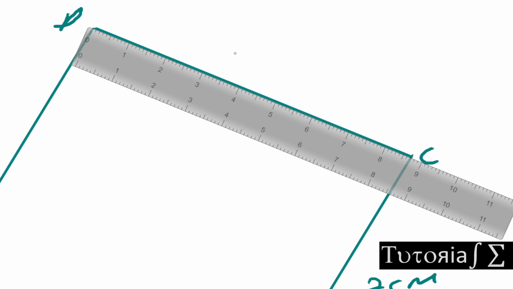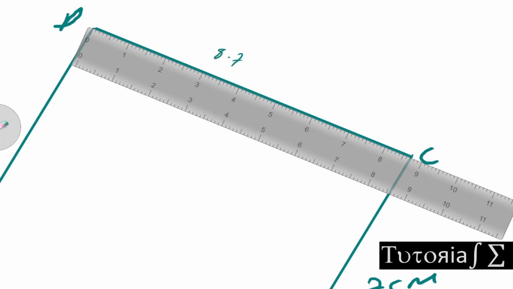So this is approximately 8.7. Your answer range should be within 0.5 of that; if you fall out of this range, then you have probably made a mistake. So for us it is 8.7.